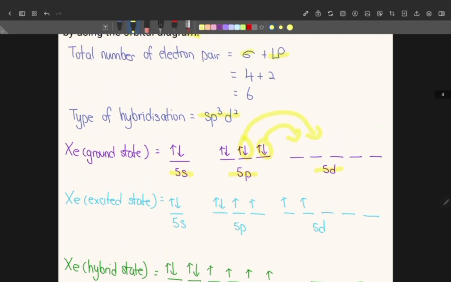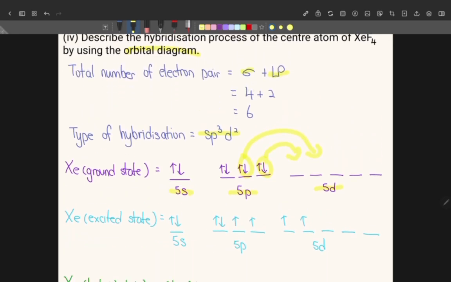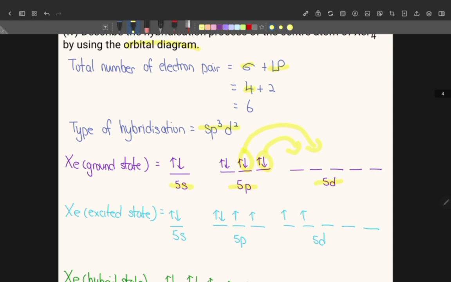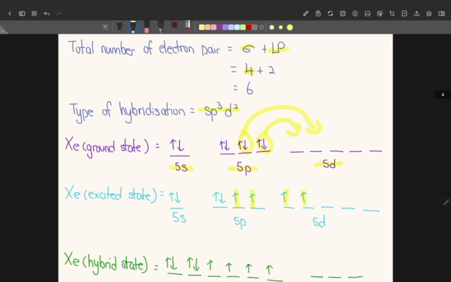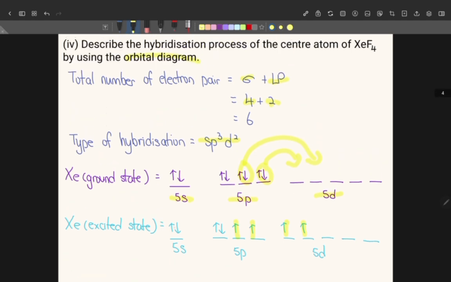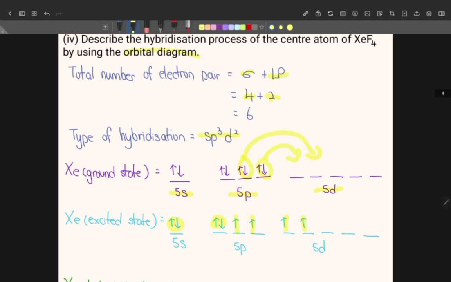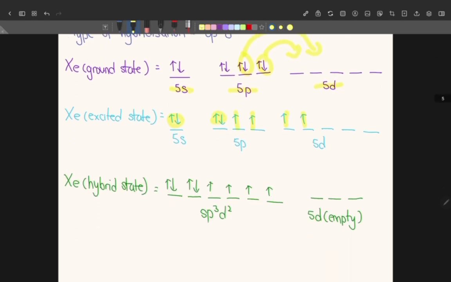This is because we want to form 4 sigma bonds, so we need 4 single electrons. When it is excited, we have 1, 2, 3, 4 single electrons, and then we have 2 lone pairs. So this is the excited state.